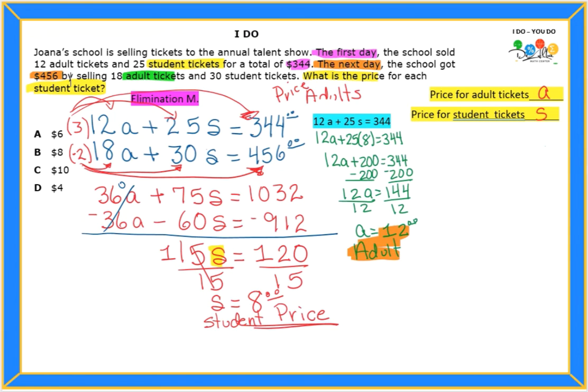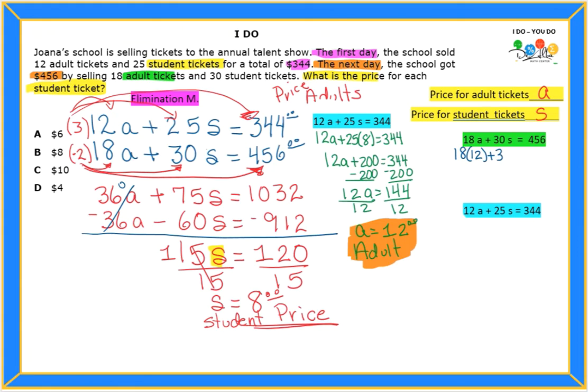Okay? So now that I have both prices, then we're going to do what is called the check of the work. Okay, so I'm going to work out on the first equation. Okay, and later on I can work on the second one if you wish. Okay, we can work on both. Okay, so let's start with the first one. So I am gonna substitute A, which is the adult, the price for the adults tickets, with a 12.